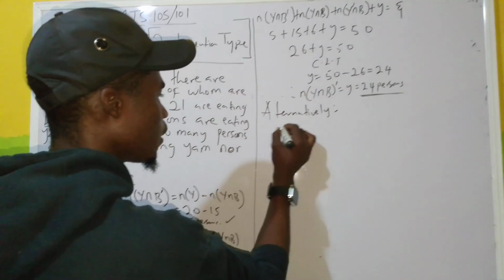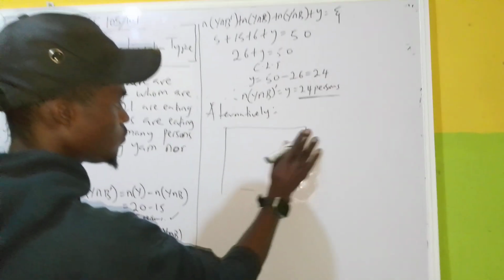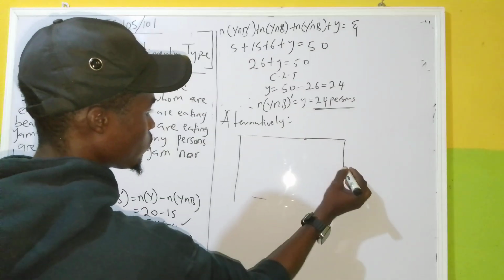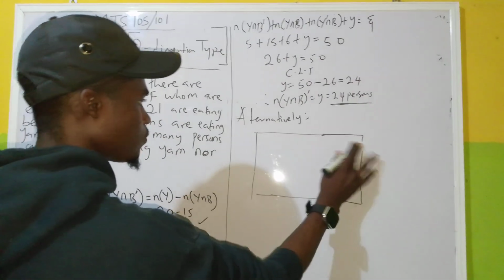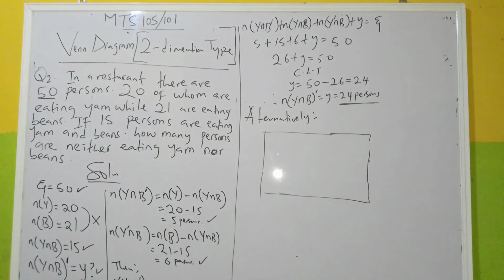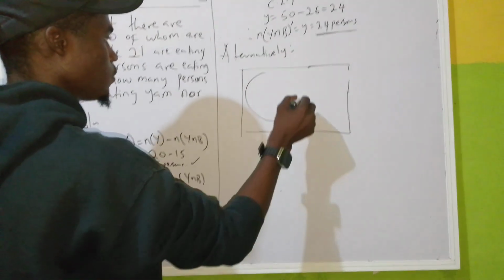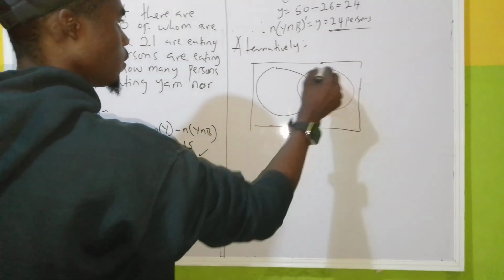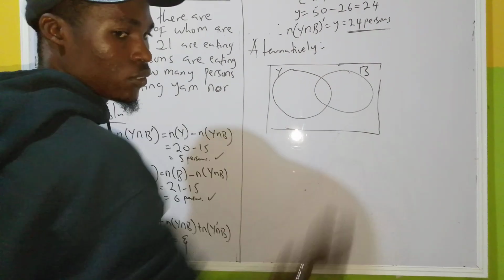You draw your Venn diagram. So you have your circle here. This is the one for yam, and this is beans.